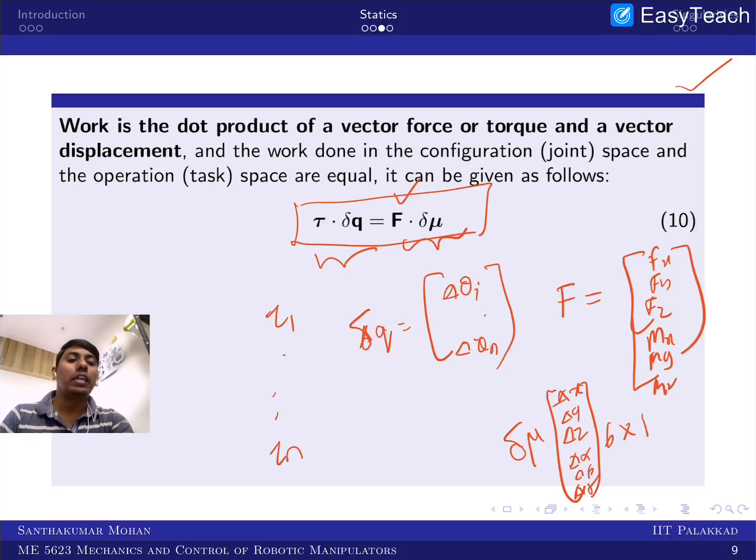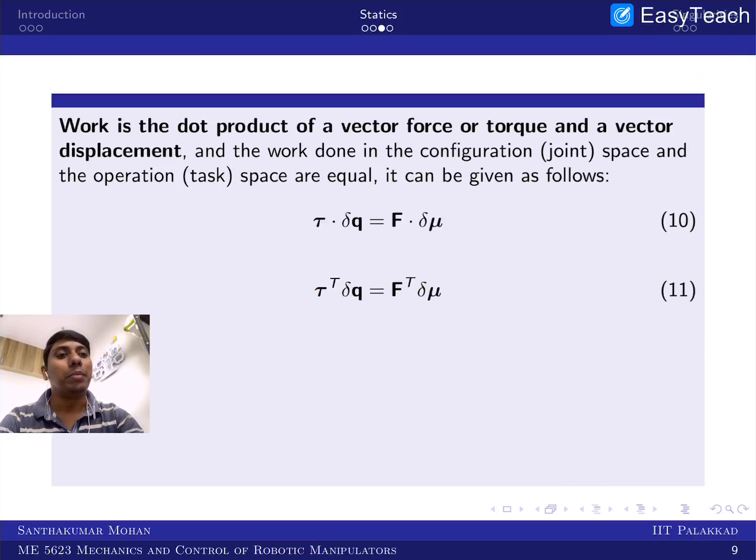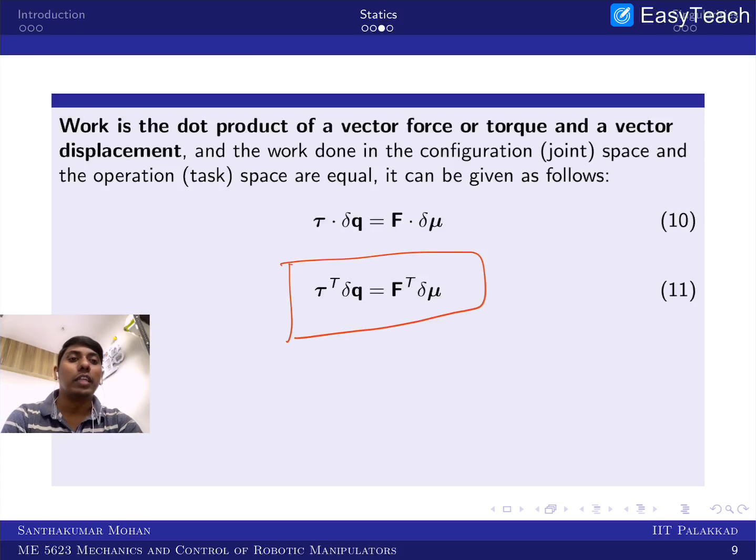If any joint is a prismatic joint, then that would be f1, like that will come. Now this is the work done at the configuration space, and this is a dot product. Since it is a dot product or inner product, you can rewrite it as a transpose of that vector multiplied by the other.